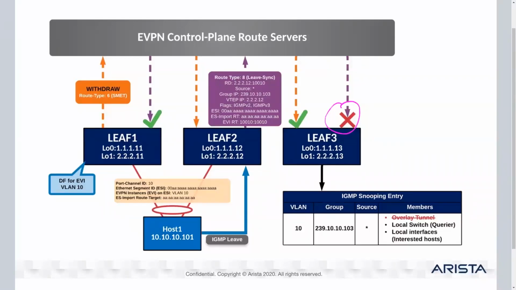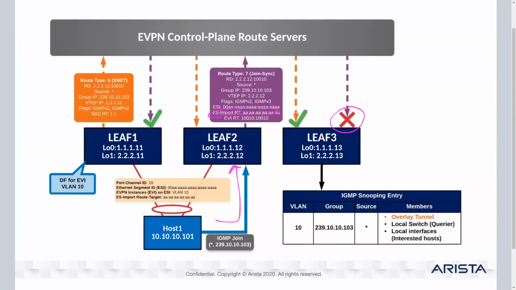Let's take that a step further. What if this particular IGMP join from host 1 was received on leaf 1? Leaf 1 is the designated forwarder. One might think, just send the type 6 and call it a day.